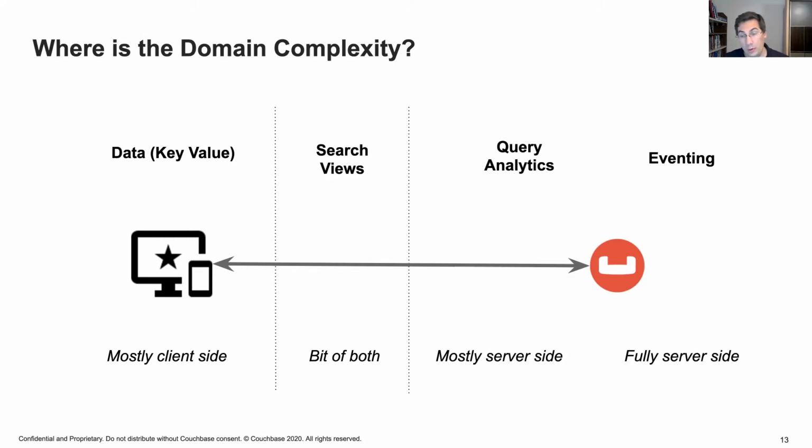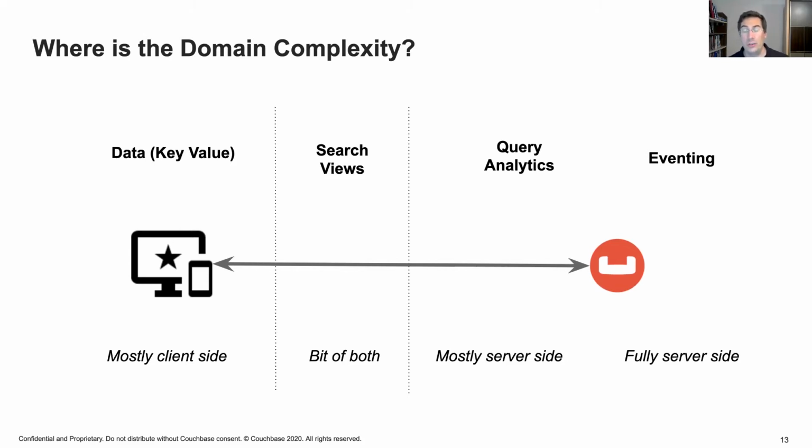And then once we go further right, both for query and analytics, because Nickel and SQL++ are so flexible, you can push a lot of the domain complexity into your Nickel query, and then you have to do less operations on the client side. Now, of course, depending on what you want to do, you still want to opt for pushing more complexity onto the application side and keeping your query simpler, maybe for faster execution.